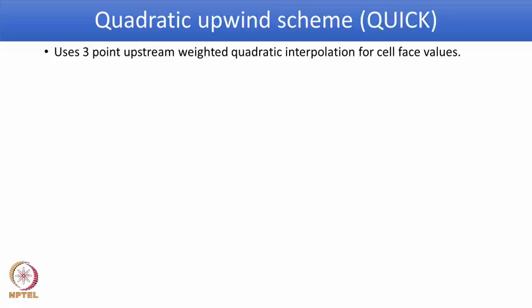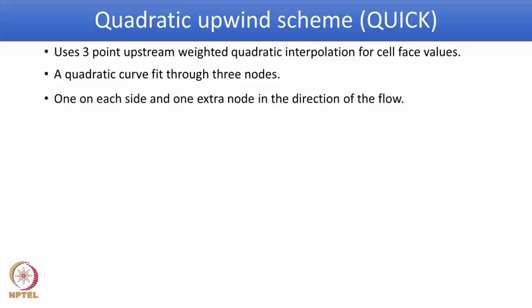QUICK, otherwise called quadratic upwind interpolation scheme, uses 3-point upstream weighted interpolation. A quadratic fit is made through 3 nodes, and what are those 3 nodes?